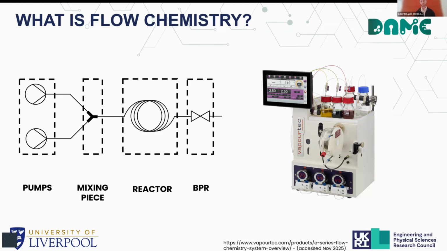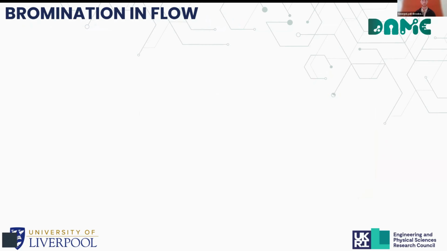And then finally, we also have a back pressure regulator, or a BPR, which allows you to pressurize your whole system, which allows you to heat above the boiling point of your solvent system that you would typically be able to achieve at standard pressure. So you can heat far in excess of these boiling points.